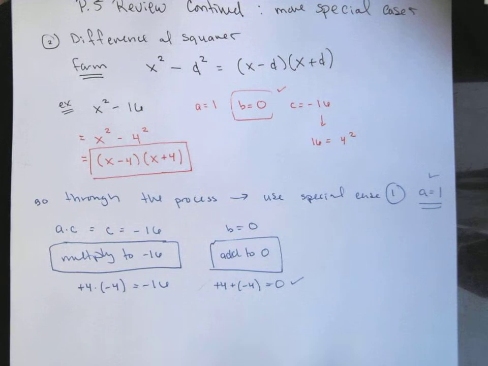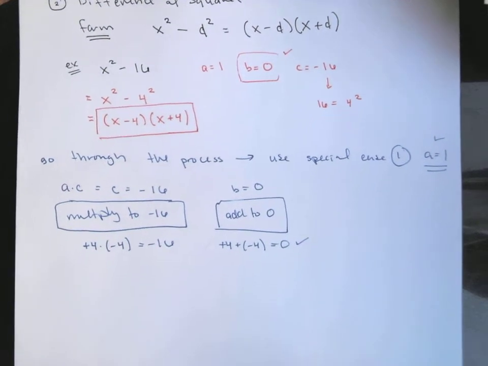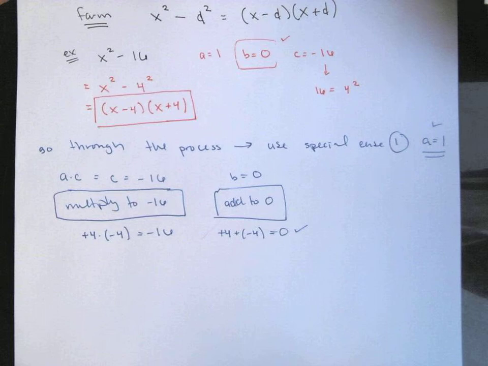That's our only option. We don't even really need to check like 1 and 16 or like 2 and 8. It's extremely obvious that the only way to add to 0 is to have essentially positive and negative versions of the same number. They need to cancel each other out entirely. So that only works if you have a perfect square, something like 4 times 4 to get you to 16.